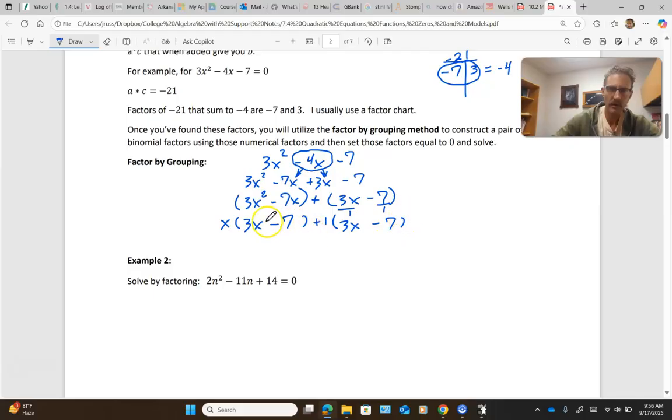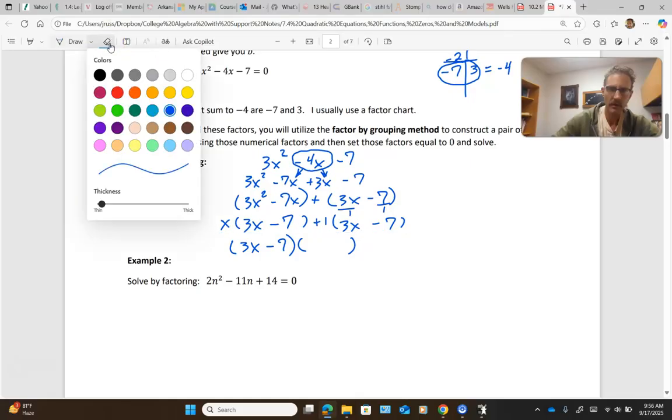And so then what you do, you notice that you've got a binomial in here that occurs twice, a 3x minus 7. Okay. So you then factor that out. That is the greatest common factor in these two larger terms. Okay. See how they're separated by addition right here? So you take out the 3x minus 7, and then you plug in your second set of parentheses what you have left.